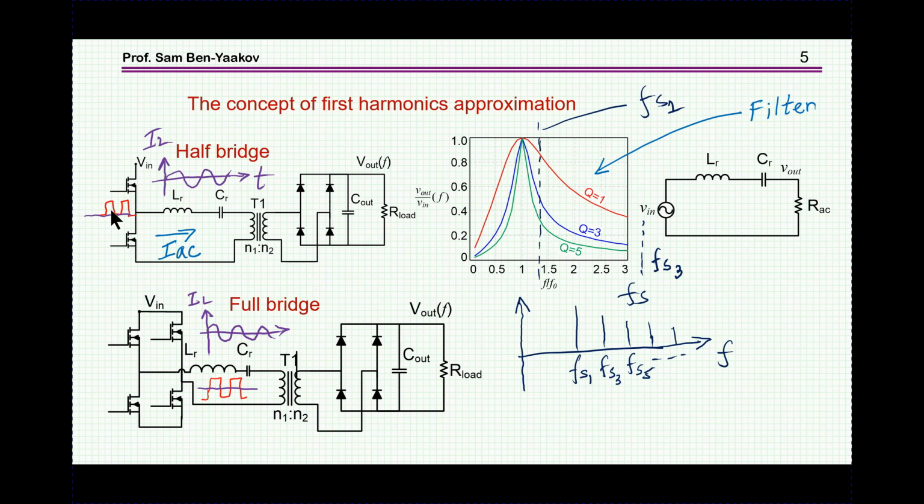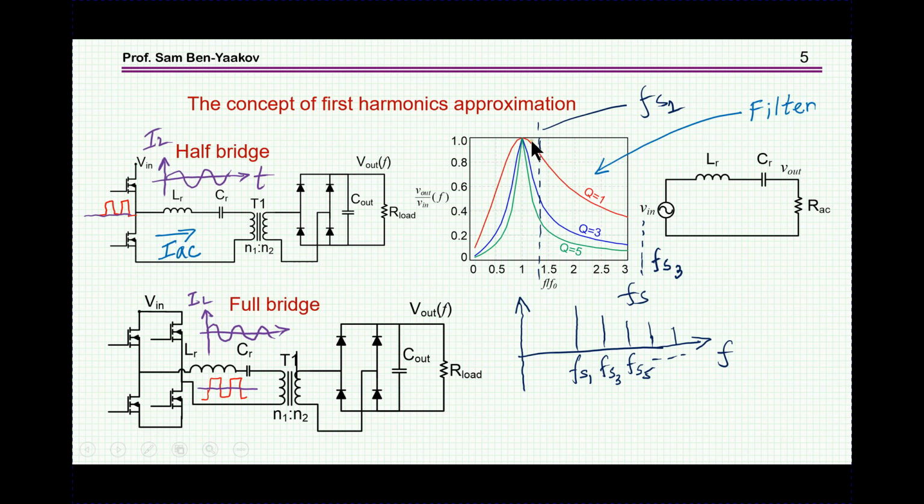So what we'd like to do is to replace it with a sinusoidal waveform, which could be of any given frequency. Now, we do this based on the assumption that we are working pretty much close to resonant. This is again a series resonant converter, pretty much close to resonant. So we actually feed a square wave into a filter. This is a filter.